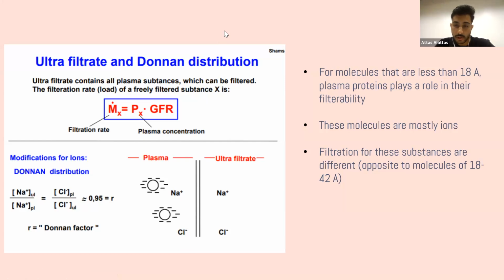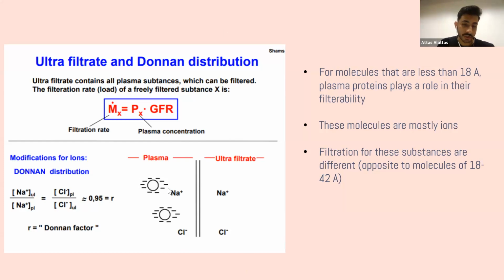And why do you think it's chloride? Yeah, because of the negative proteins. Exactly.